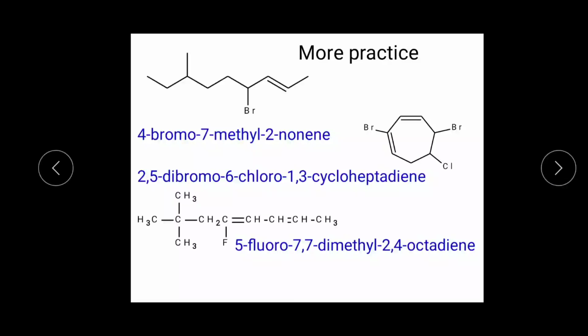And this is 5-chloro 7,7-dimethyl 2,4-octadiene. Again, that is 5-chloro 7,7-dimethyl 2,4-octadiene.